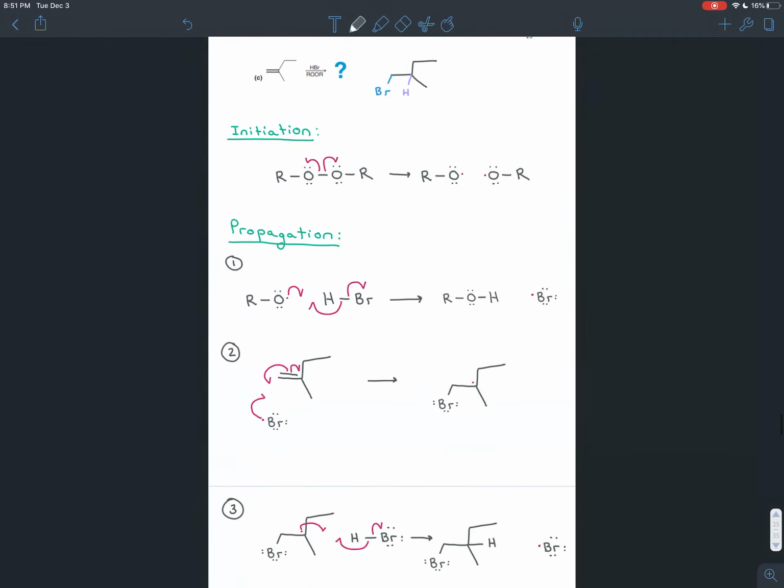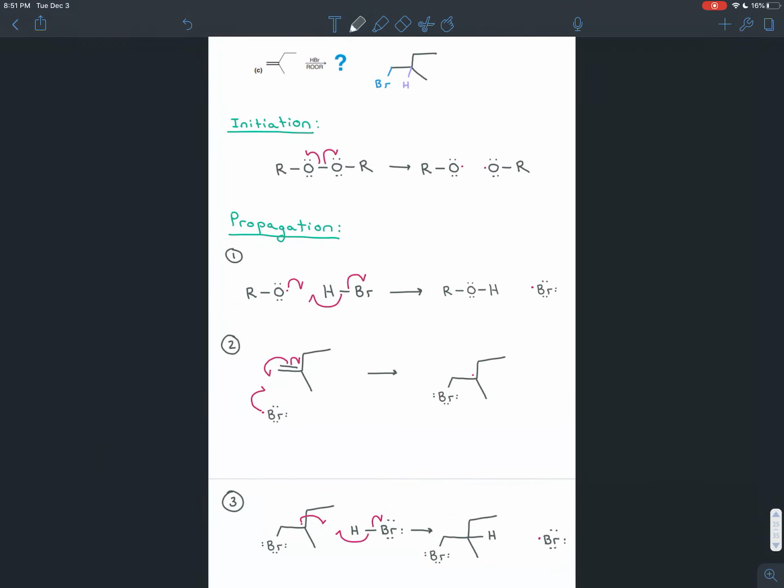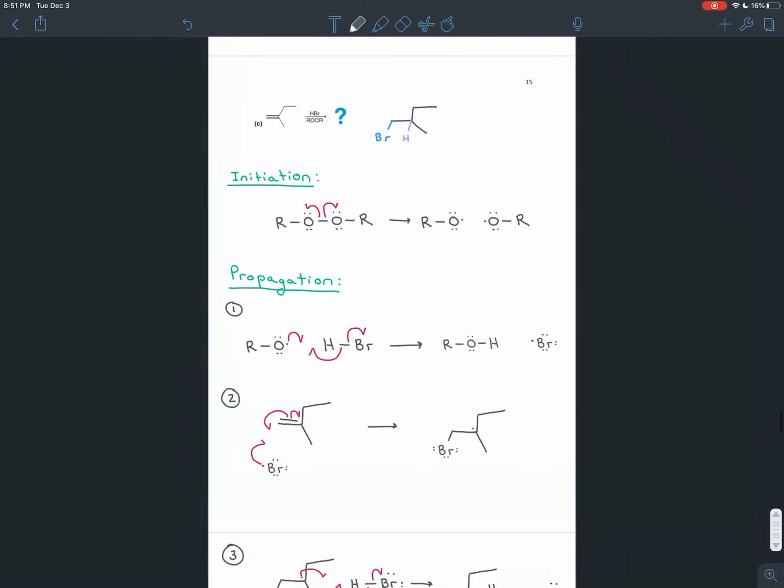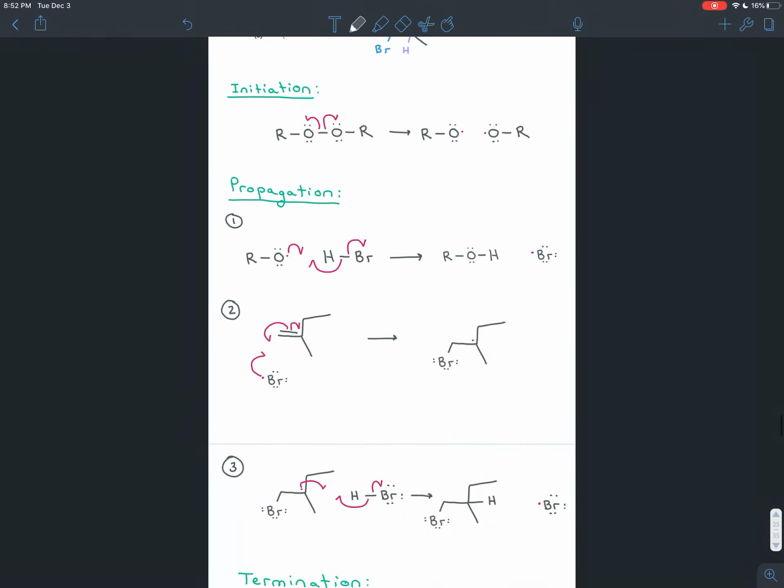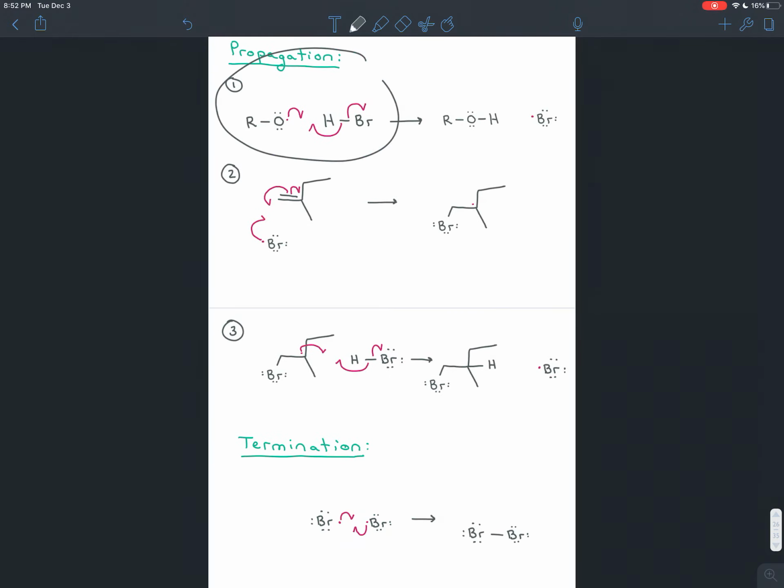And so, in this radical addition of HBr to an alkene, we finally explain why hydrohalogenation is anti-Markovnikov in the presence of peroxides. You create the radicals from the peroxide in an initiation step. The peroxide radical steals a hydrogen from HBr and creates a bromine radical, and the bromine radical adds first to the molecule.